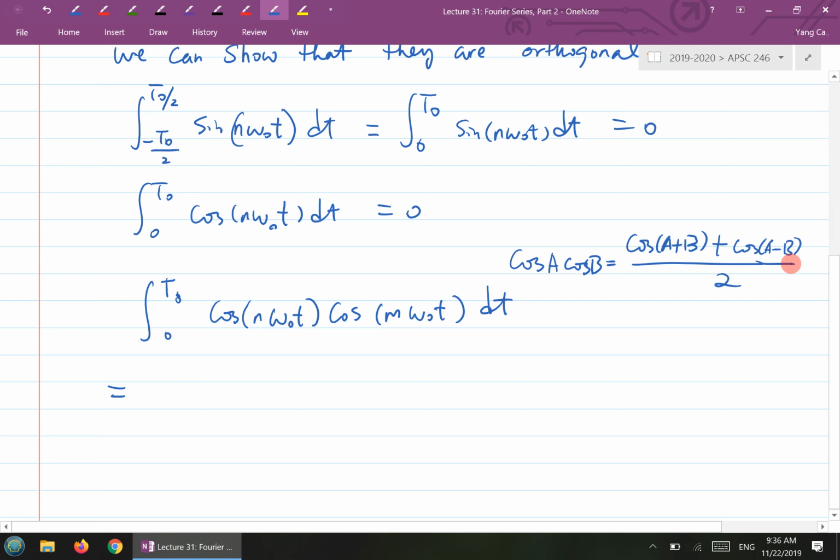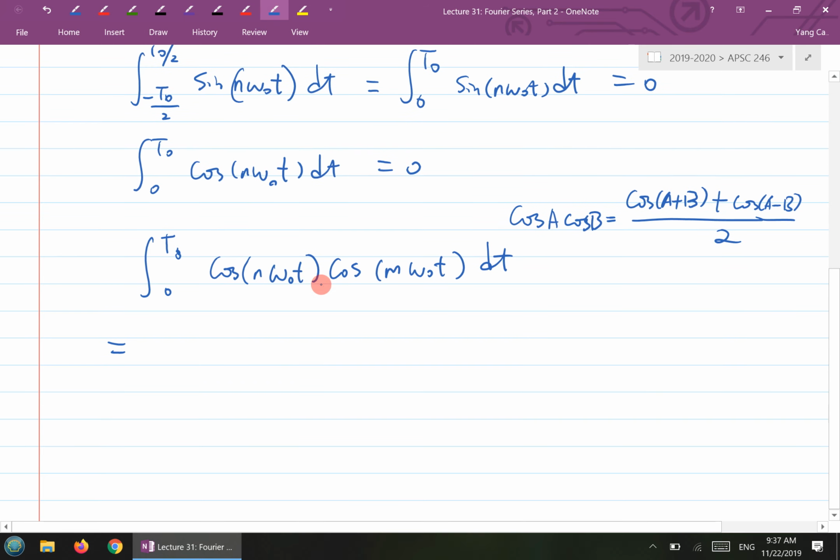So this is a trig identity, because cosine A plus B equals cosine A cosine B minus sine A sine B, and this one is cosine A cosine B plus sine A sine B, right? So you get 2 cosine A cosine B divided by 2, you get this, right? So let's use that identity and apply it to these integrals here.